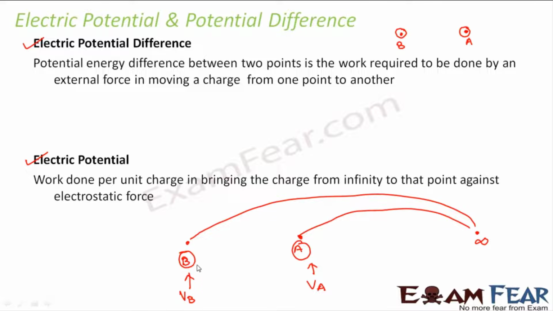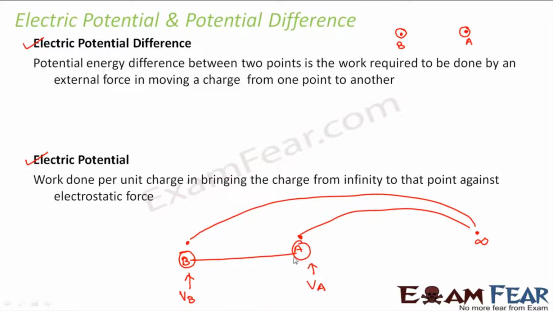Now what would be the potential difference? The potential difference between A and B will be nothing but the difference of VA and VB. So the difference in potentials, that is the work done in taking the object from point A to point B, becomes the potential difference. So you understand what is potential at A? Work done in bringing the charge from infinity to A. What is the potential at B? Work done in bringing the charge from infinity to B. What is potential difference between A and B?